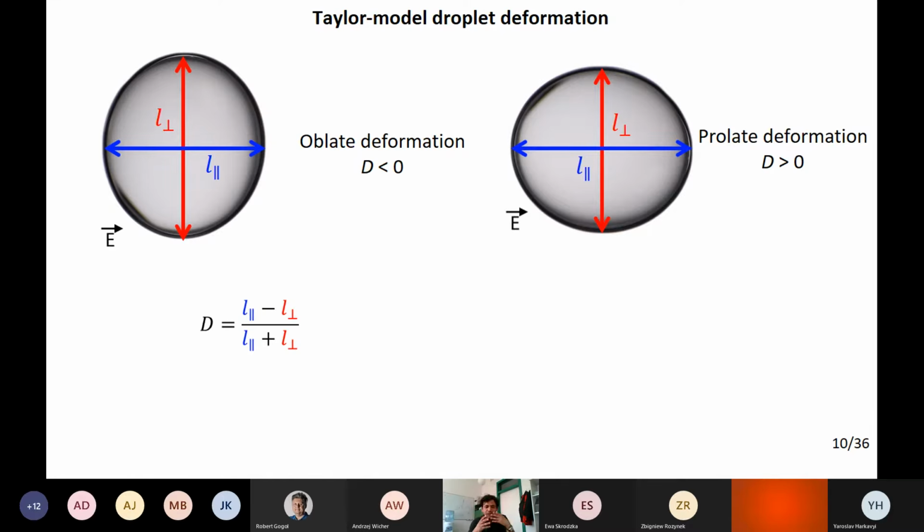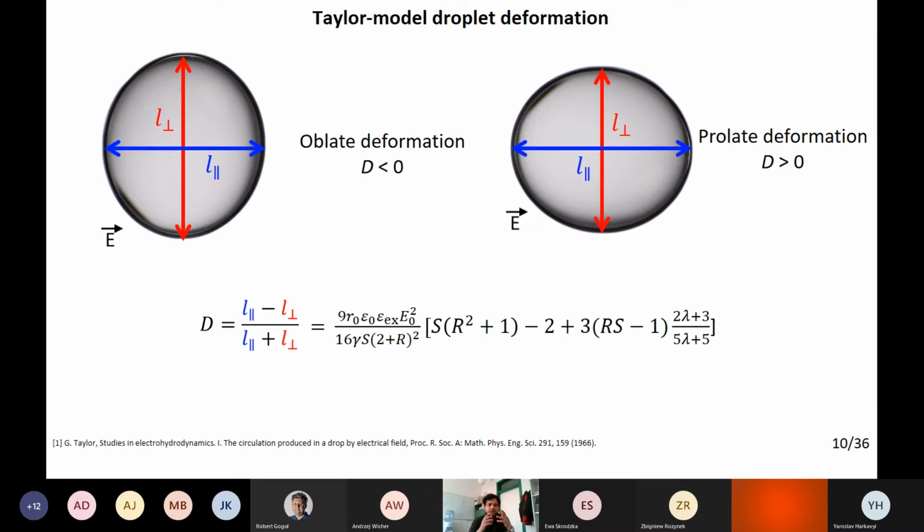And what parameters does this deformation depend on? The answer is that the magnitude of deformation depends upon the radius of the droplet, the permittivity of the exterior fluid, which is castor oil, and the applied electric field. It also depends upon the surface tension.